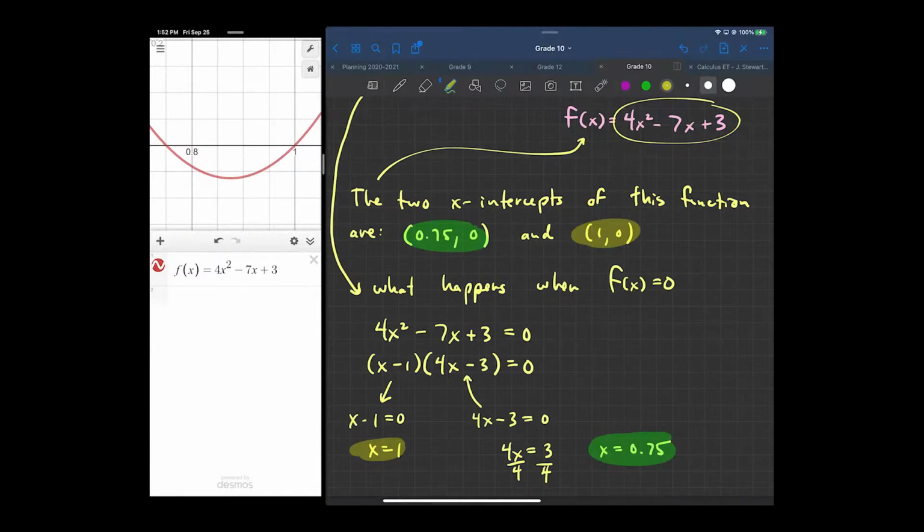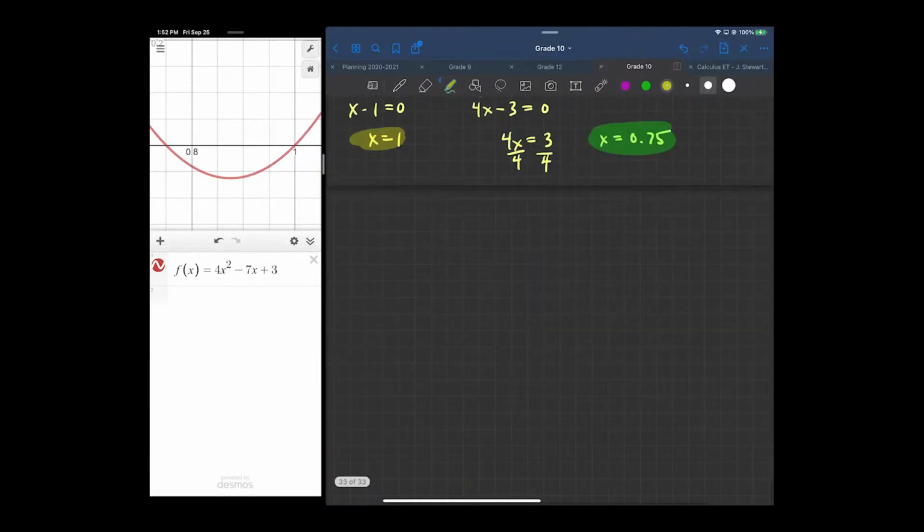So the extra homework that I'm going to throw on you now. Let's try this question here. I'd like you to try question 8 on page 176.